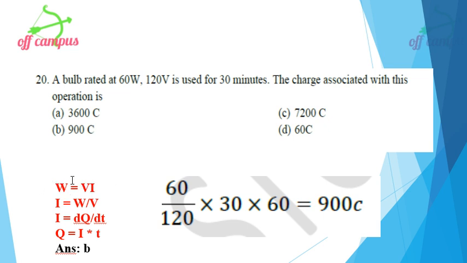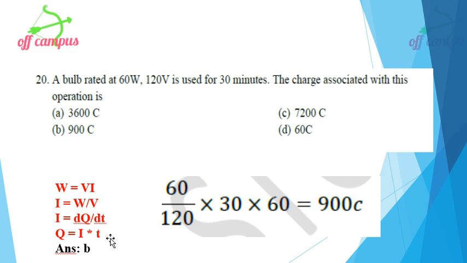Then what is I? I equal to W by V. Otherwise I equal to dq by dt. So q equal to I into t. We need to find the charge associated with this operation.